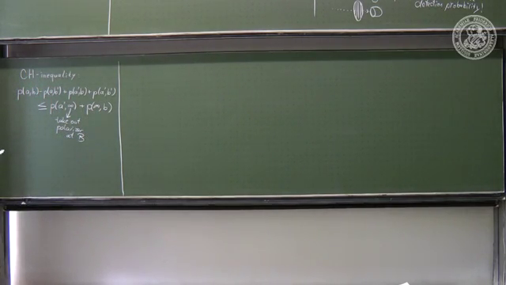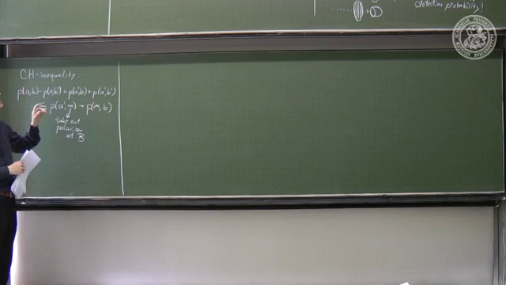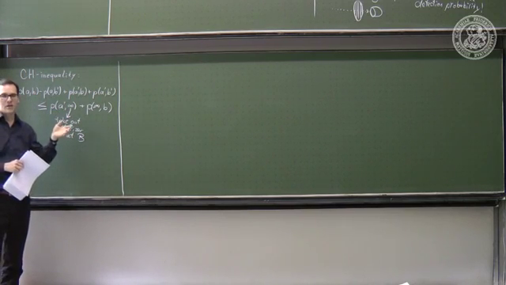And the nice thing about it is, if you have bad detectors, it doesn't hurt. Because you see, all these probabilities are multiplied by eta A and eta B, both on the left-hand side and on the right-hand side. So it really drops out in the end.